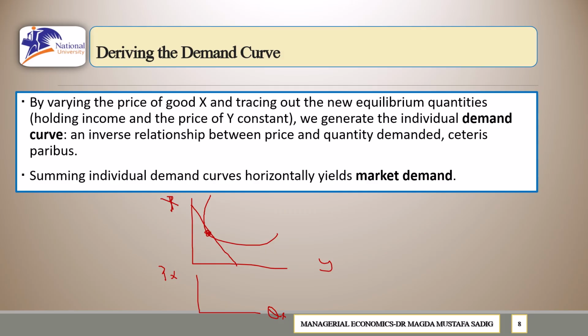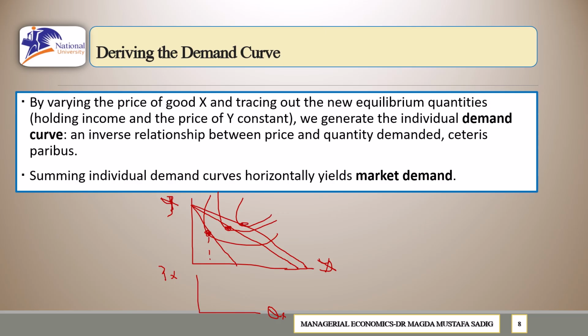So if, for example, the price of product X decreases, let us say this is Y and this is X, the consumer's budget line will change like this because you will consume more and more of X. So you will have more and more equilibrium points like this.